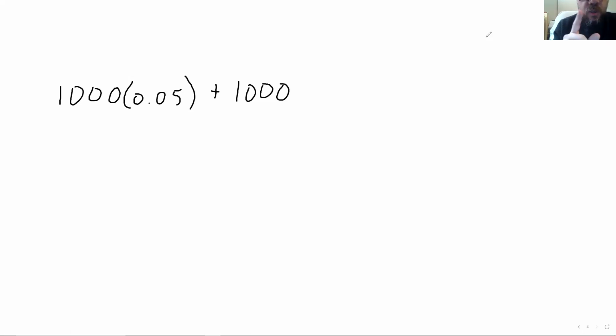Okay. Here's what I want to do. You might notice there's a greatest common factor between those two terms, right? I'm treating this like a polynomial. There's 1,000 in both of them. I want to factor that out. So this is going to be 1,000 times 0.05 plus 1.